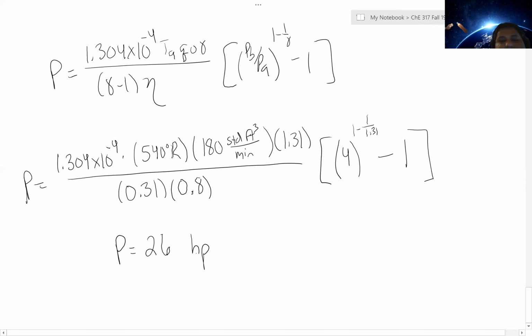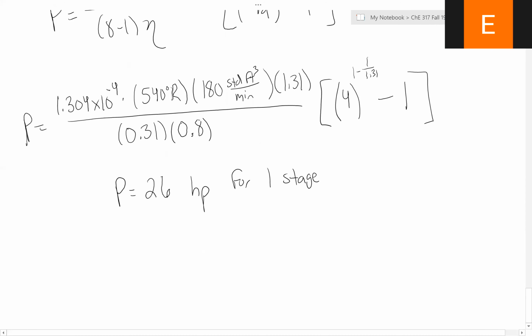Now keep in mind that power is for one stage. Dr. Lopez, does that 1.304, whatever that number, deal with all of the unit conversions, like minutes to seconds, to get horsepower? Yeah, it's essentially all the unit conversions are bundled in that constant.